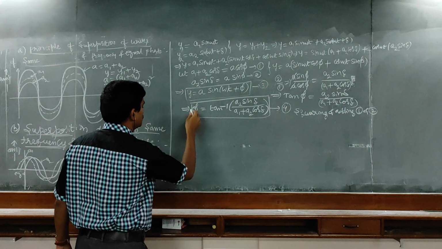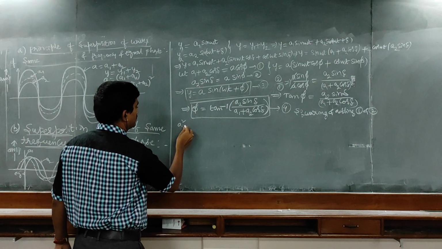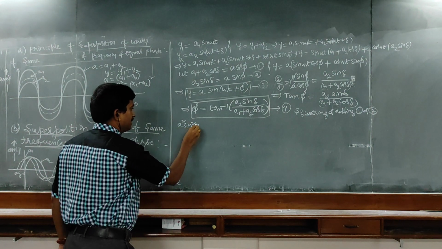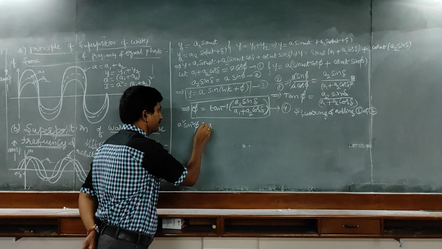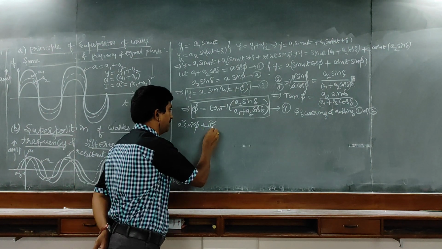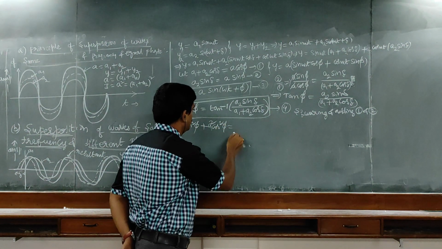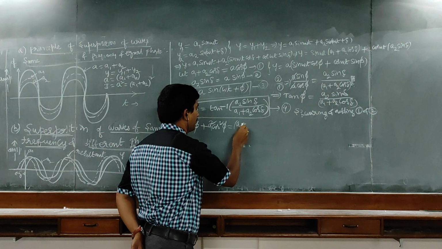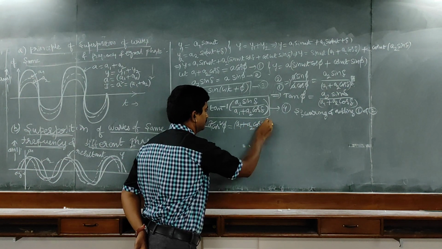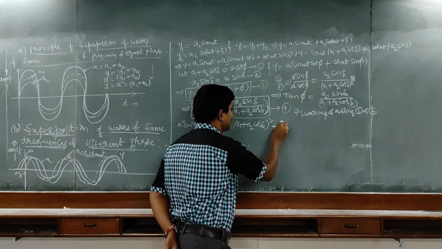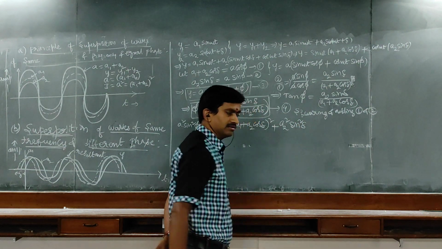Squaring and adding equations 1 and 2, that is a square sin square phi plus a square cos square phi is equal to a1 plus a2 cos delta whole square plus a2 square sin square delta.